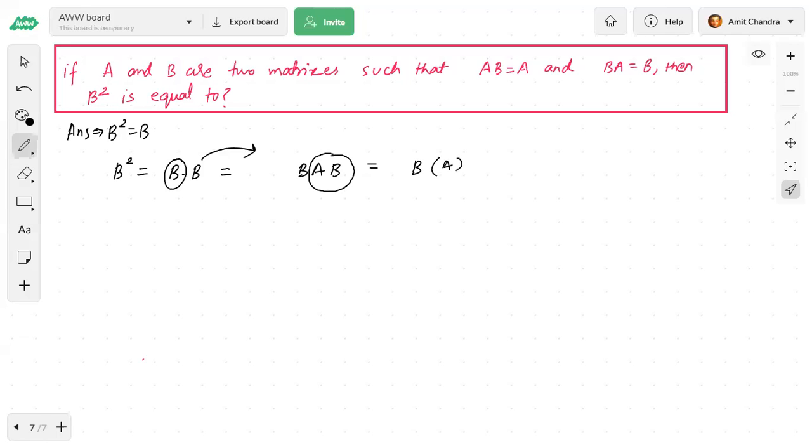A, from here, because AB is equal to A. Now again we got BA and we already have BA is equal to B, so B square will again become equal to B. Understood? Very simple question. So B square is equal to B. Very good. Just copy this one. Very simple question.